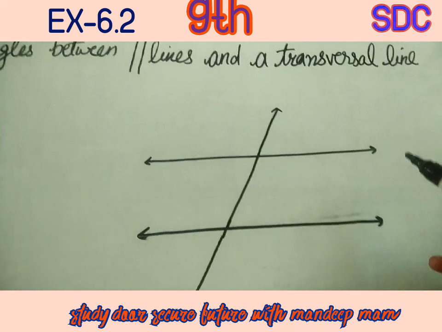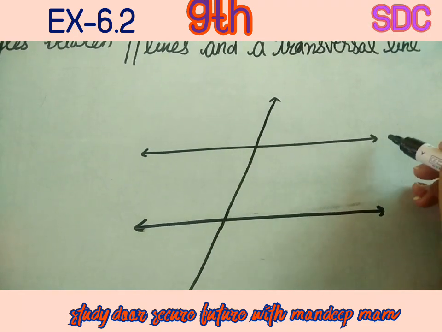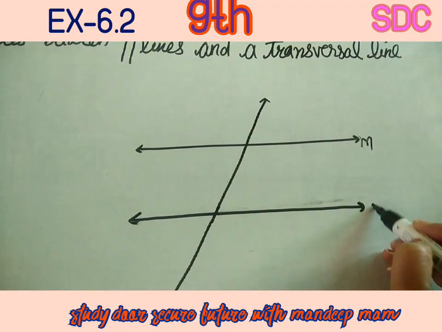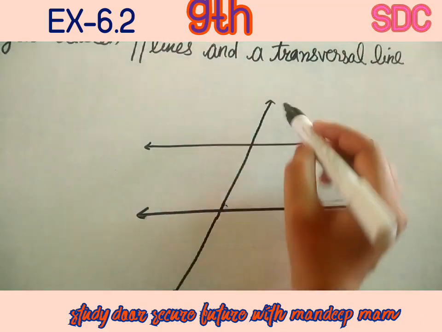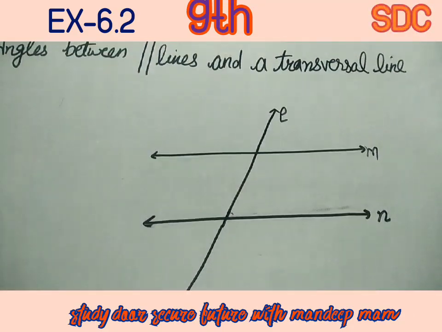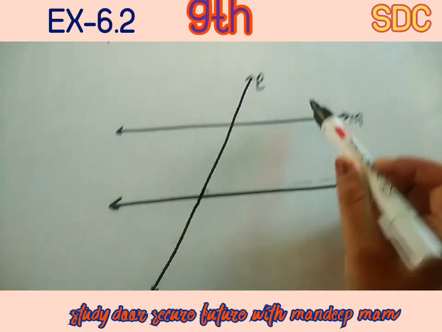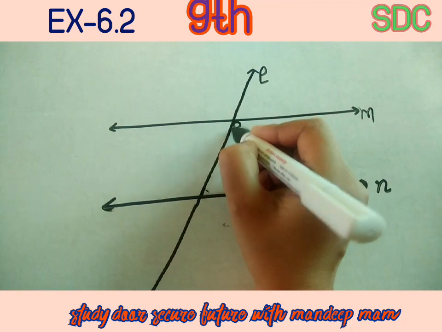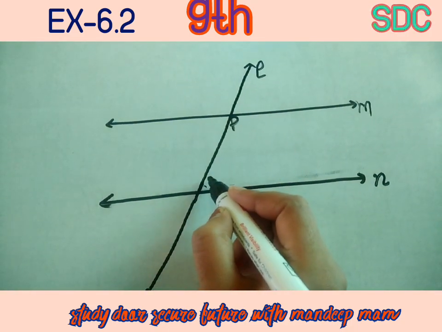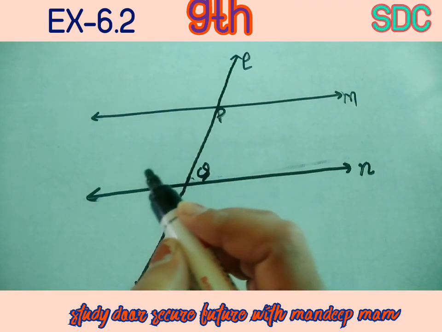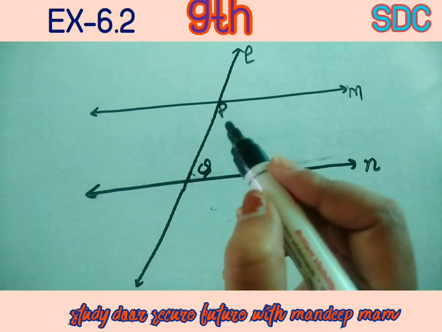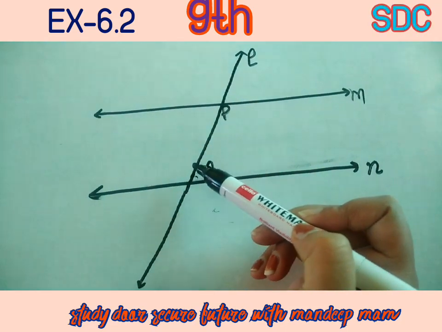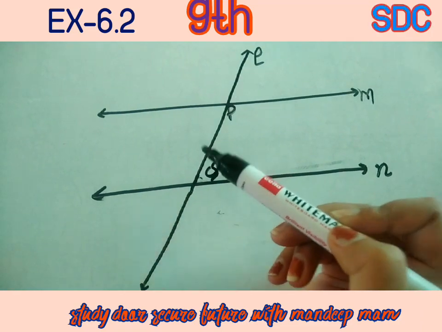Here I have drawn two parallel lines, M and N, and one transversal line, L. The transversal line L cuts the line M at the point P and cuts the line N at the point Q. Now observe both of the points P and Q. We get four angles at each point.